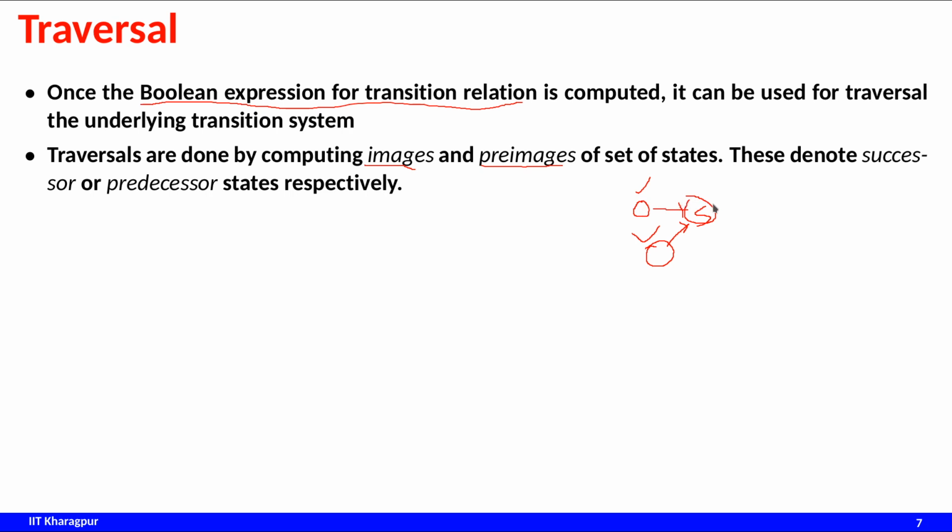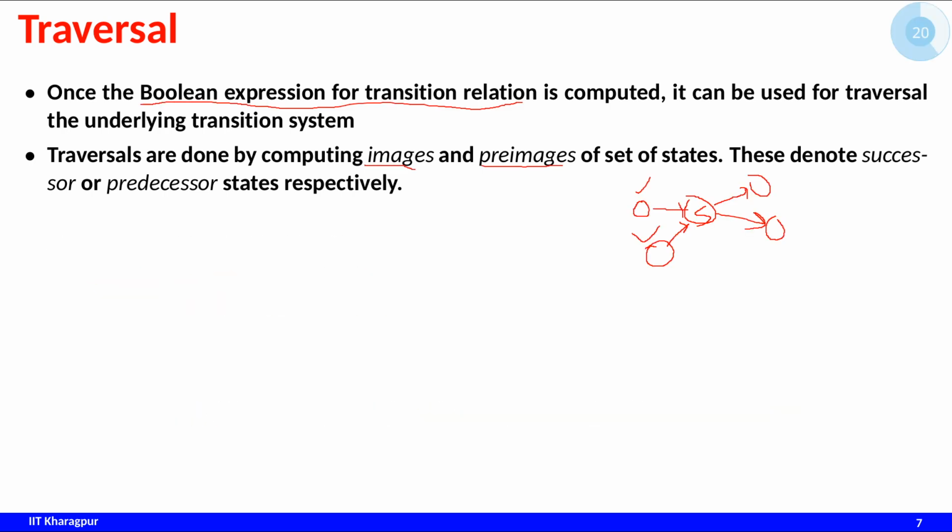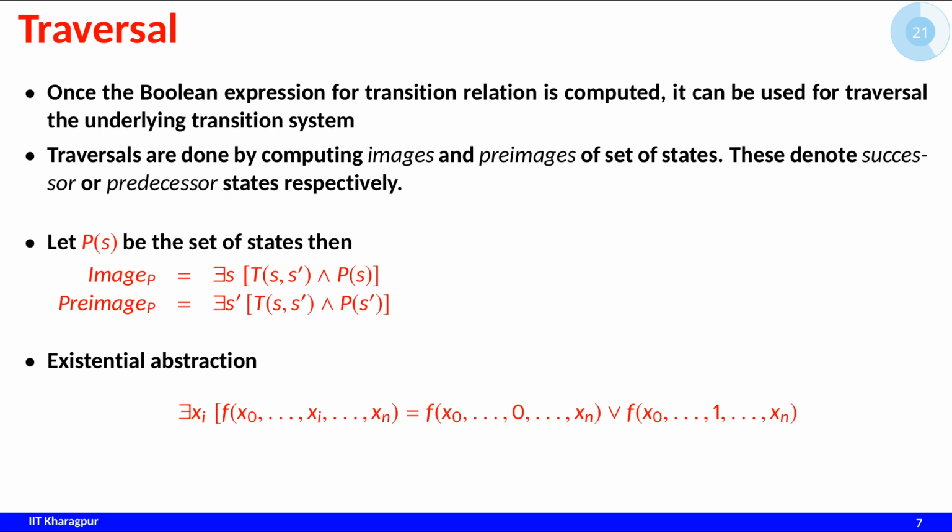Fine. And similarly, if I compute the image, then I just need to find the successors of S, which may be these two states. So this is the pre-image and this is the image of the state S, and this can actually be computed using Boolean operations.